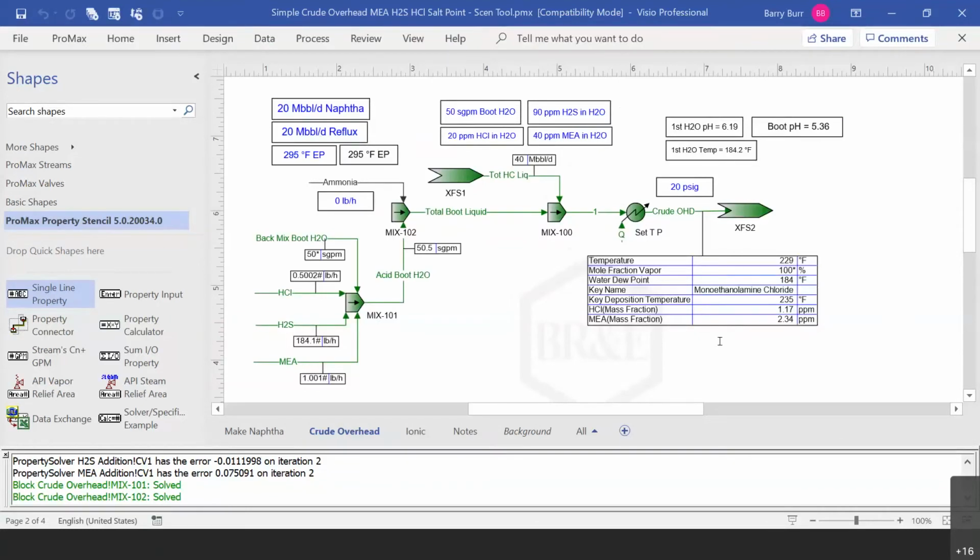And it will also report the salt deposition temperature of the MEA chloride salt based on the concentration of HCl and MEA in the overhead vapor. So it's going to calculate those two salt deposition temperatures without the knowledge that the other basic compound is there. So it's still an approximation.